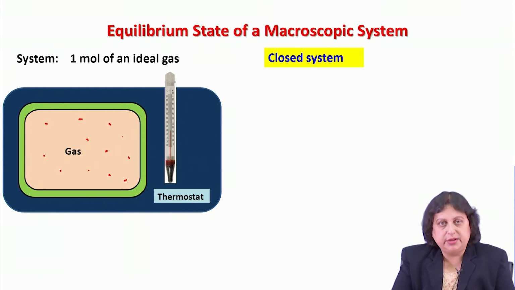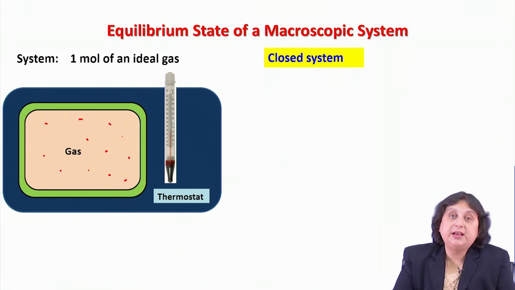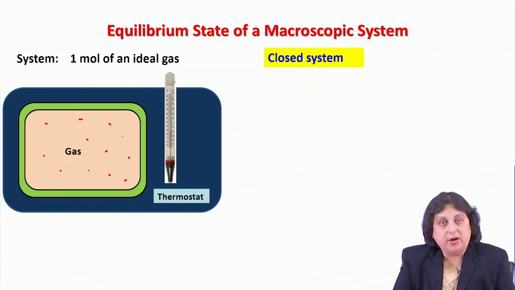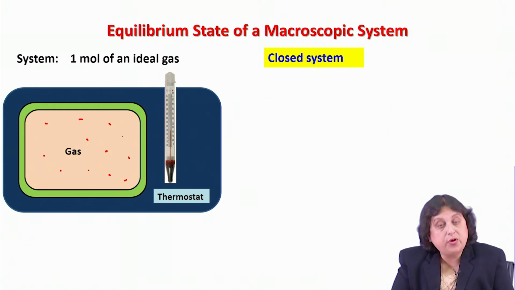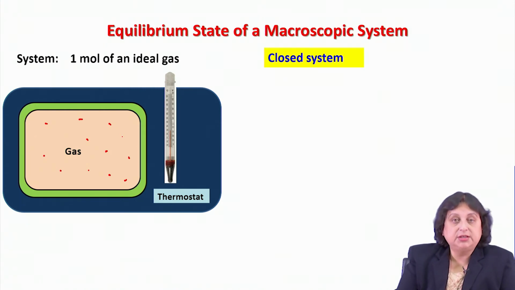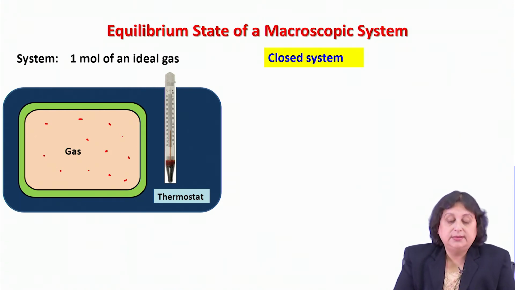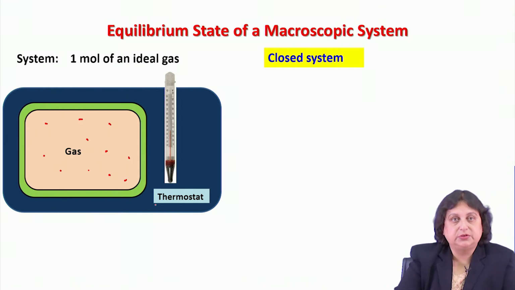In the laboratory, you will take a very big trough or a very big pan, fill it with, let us say, hot water, and attach a thermometer to it. You take your stainless steel cylinder and put it inside this thermostat. Then what would happen?